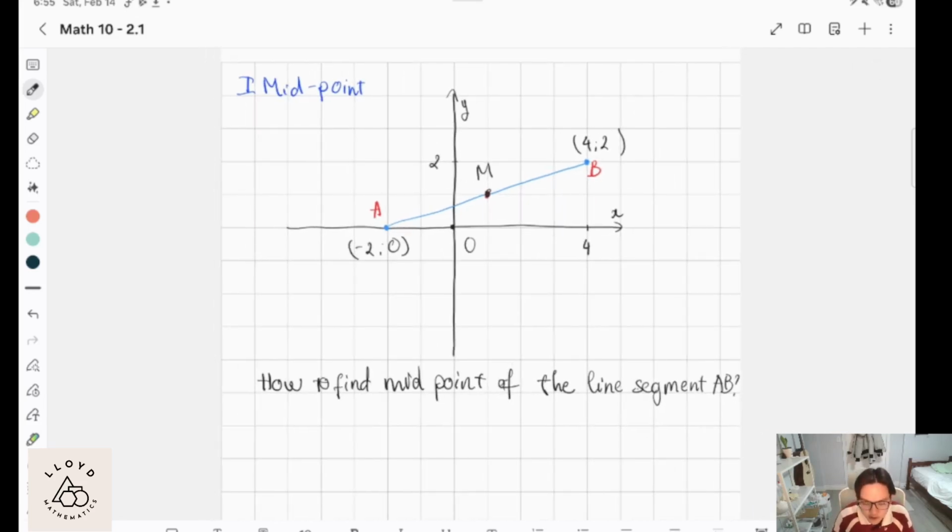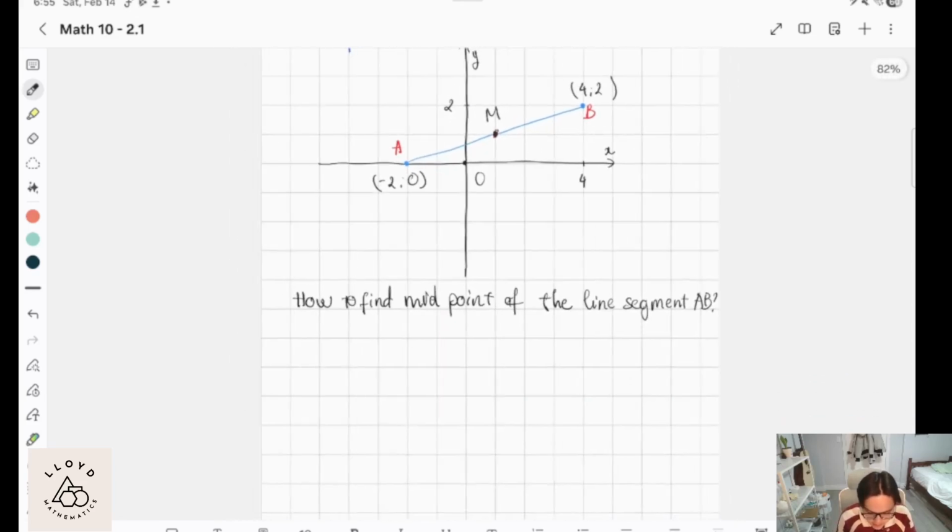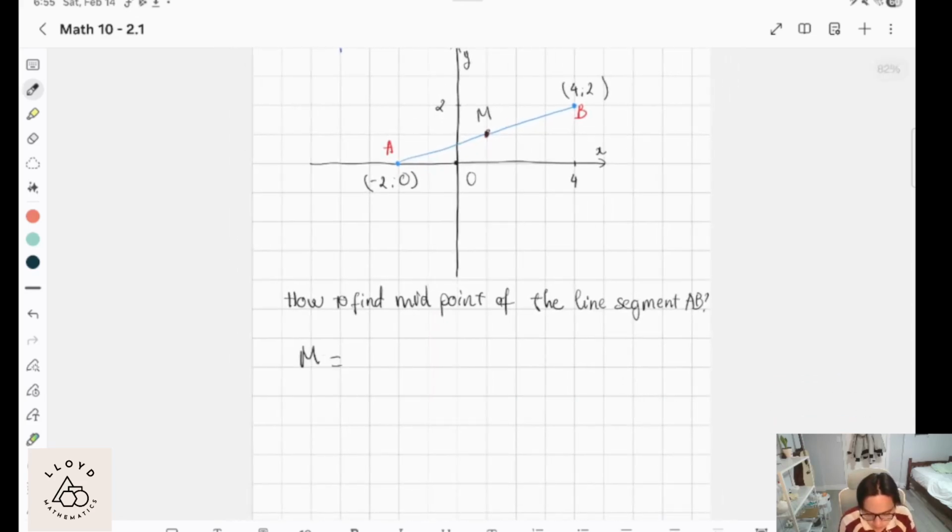There is an easy formula that we will know: the X of M is equal to XA plus XB divided by 2, and the Y of M is YA plus YB divided by 2.